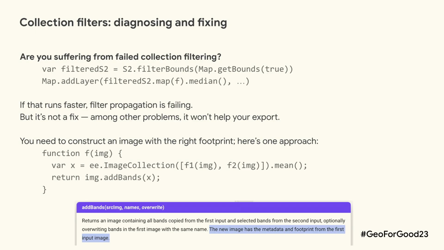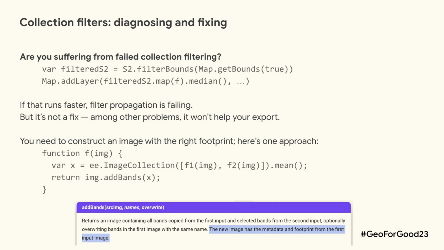So instead of calling S2 map my function compute the median, I've now filtered S2 with this handy little thing up here, which says basically filter it to the current bounds of the map in the code editor. So in a way, this is kind of doing what the code editor was doing for you automatically. It's saying filter the collection down to what's visible in the code editor before you do all of the mapping and all of the slow processing.